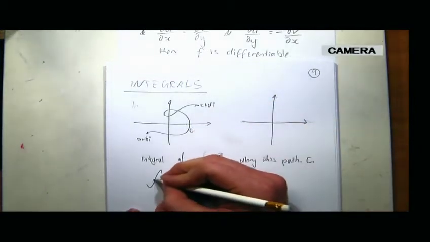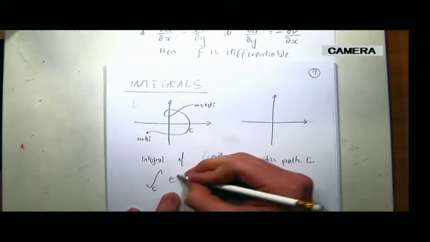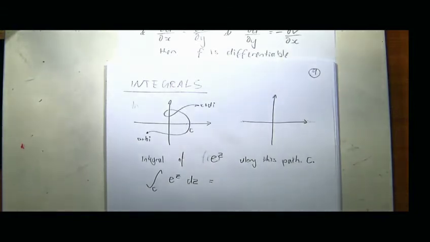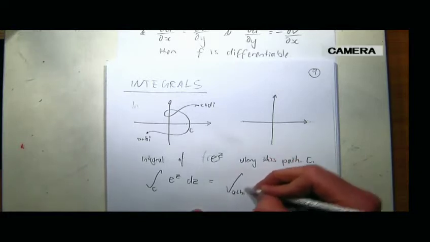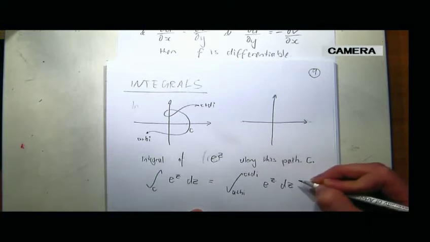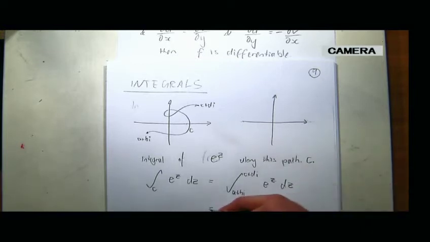So we'll go like the integral across c of e to the z dz. It's great. Since e to the z doesn't have any discontinuities, I can just do this, and integrate it as if it was an ordinary real function.